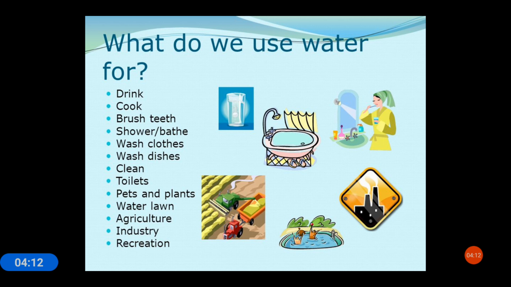Recreation is like swimming. Also, during Rang Panchami, we use ample water. Leaving this, there are many other uses of water. So, it is a very important resource which we require.